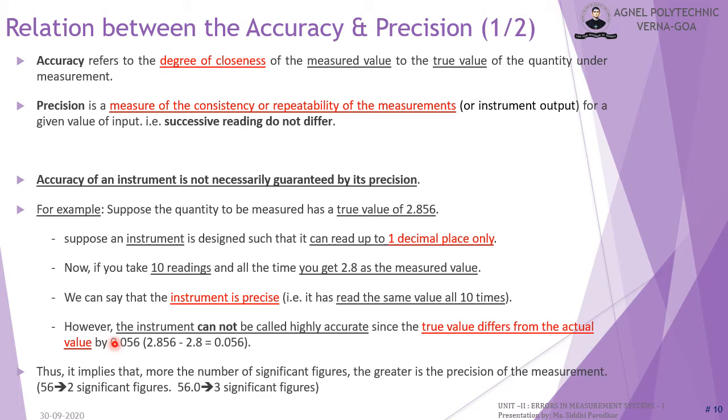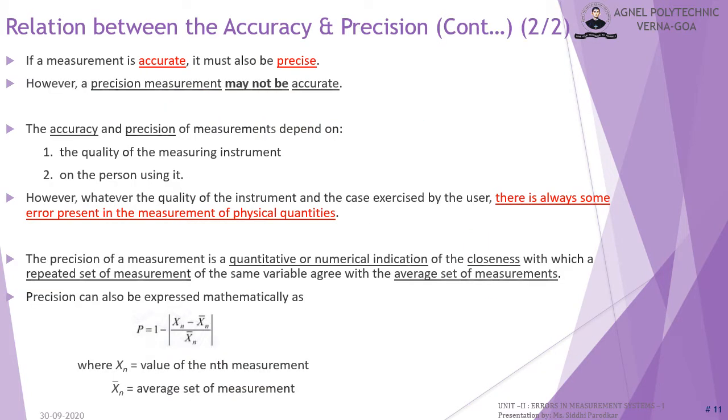Thus, it implies that the more the number of significant figures, the greater will be the precision of the measurement. Here, for example, 56 has two significant figures and 56.0 has three significant figures. If a measurement is accurate, it must also be a precise measurement. However, vice versa is not true.